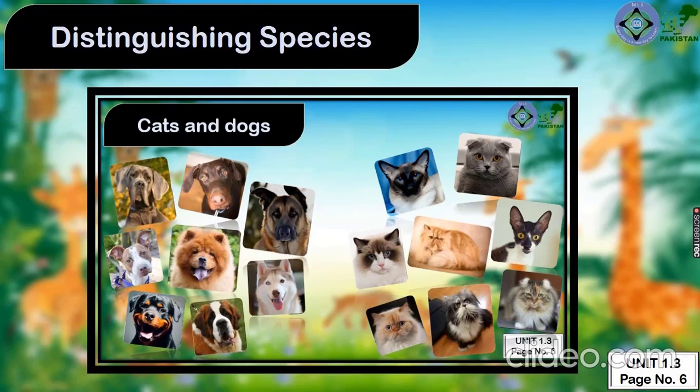Similarly, it is also difficult to identify, is this a dog or cat? Because there are a lot of dogs who look like this cat. So sometimes it becomes difficult to identify which animals belong to the same species because of their different appearance.